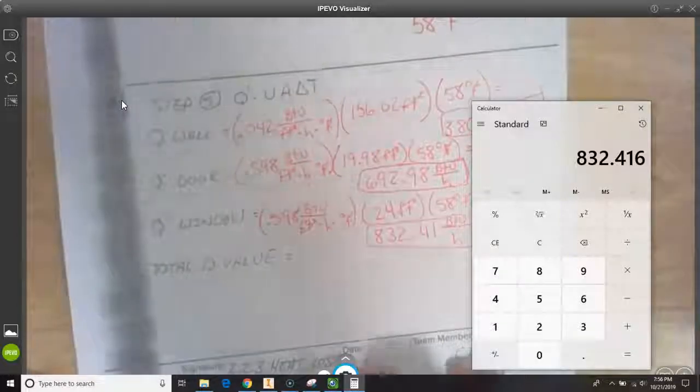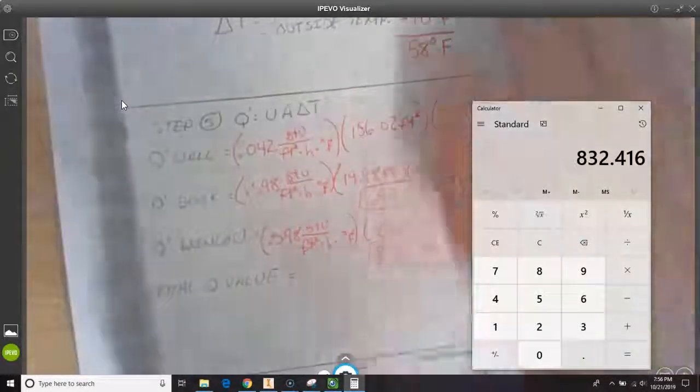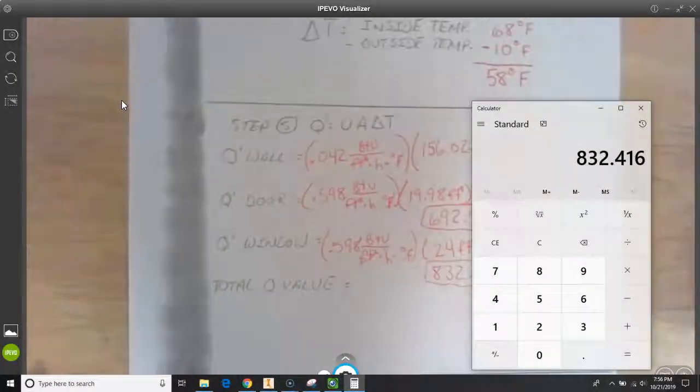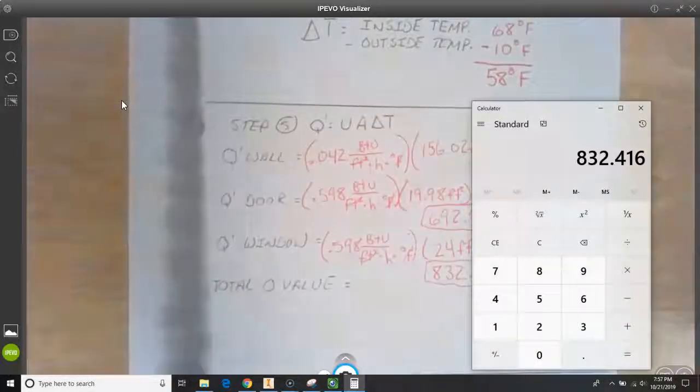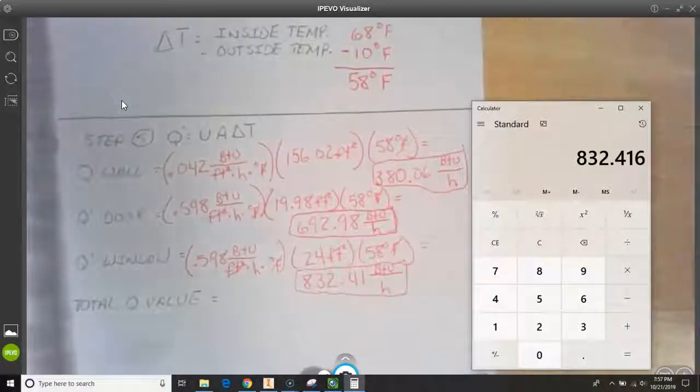Now, to find the Q value total, we're going to add, not multiply. We're going to add all 3 of those. So I'm going to take the, oh, you can't see it. Sorry.